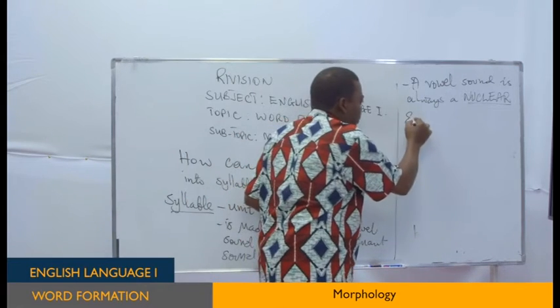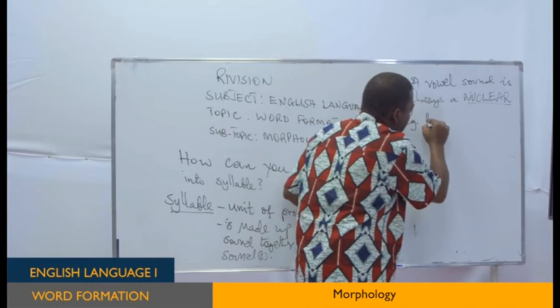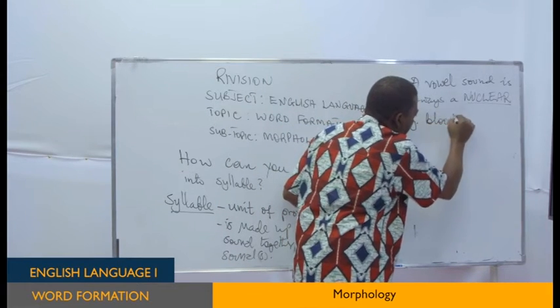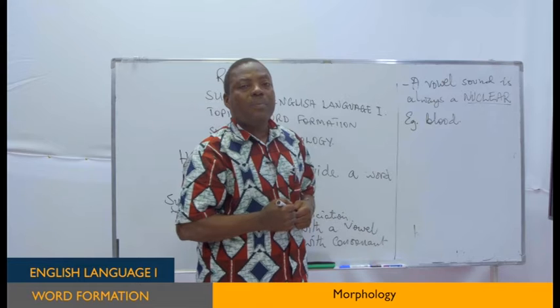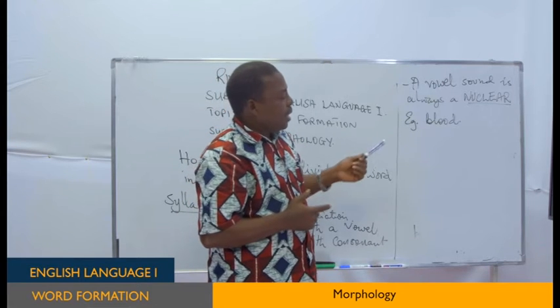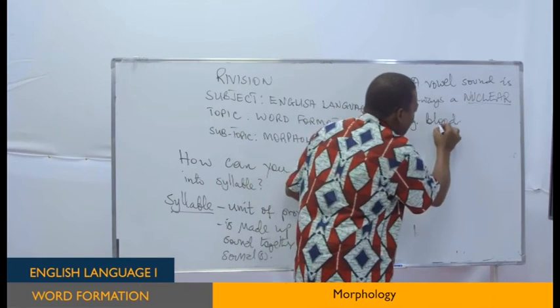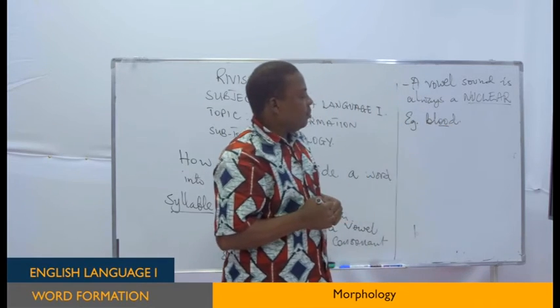For example, look at this word, blood. It is a word made up of two vowel letters.